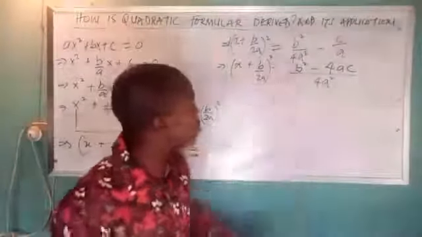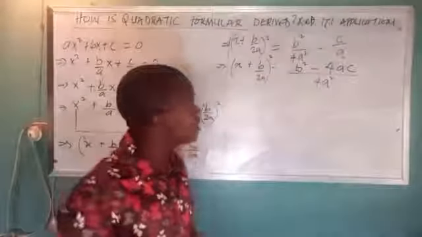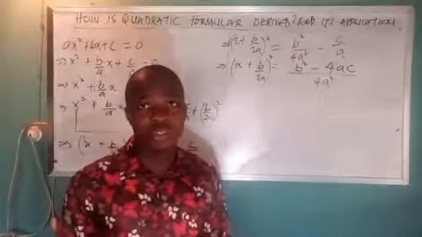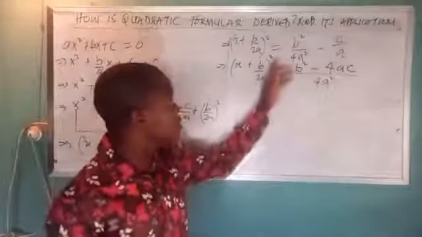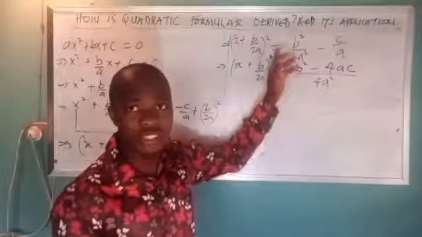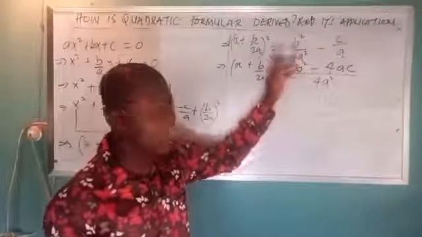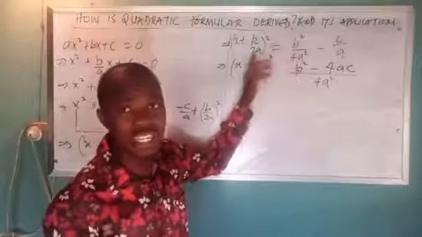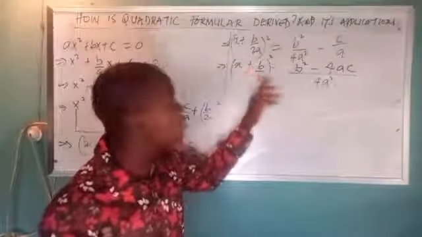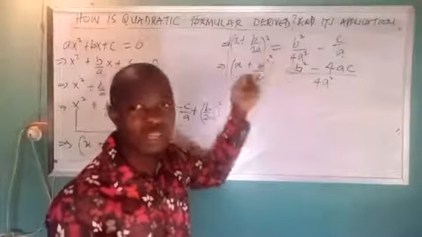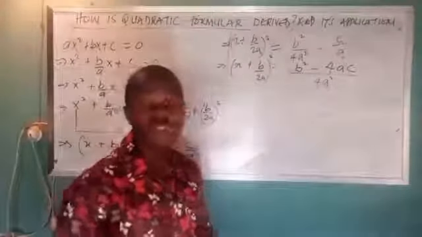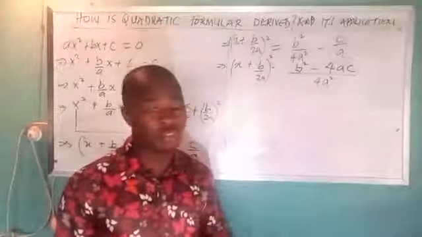To do away with this 2, we are taking the square root of both sides, because we want to get rid of this 2, which is the power. If you are taking the square root of the left hand side, definitely you'll be taking the square root of the right hand side. That is the law of equation.